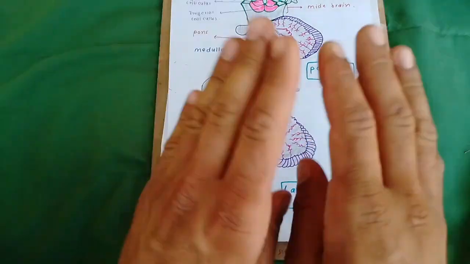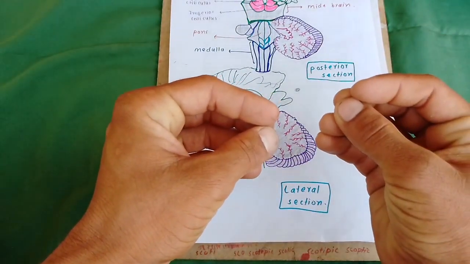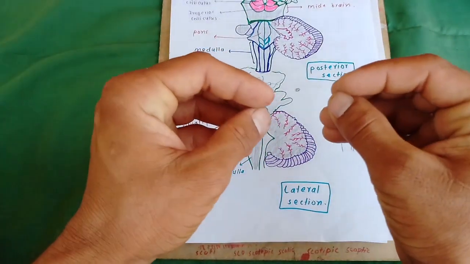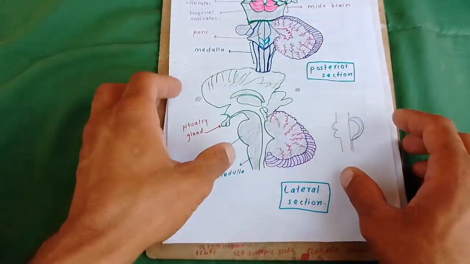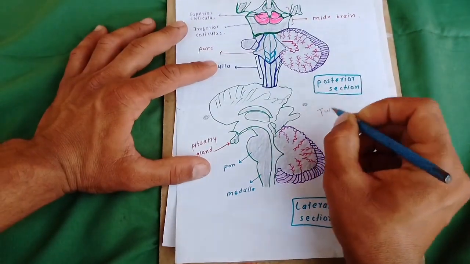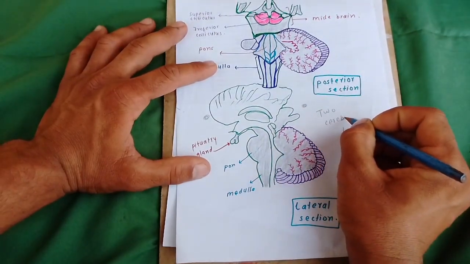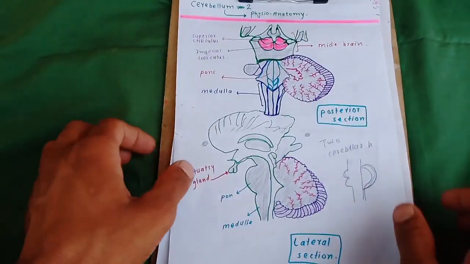The cerebellum consists of two hemispheres, just like cerebrum. Cerebrum consists of two hemispheres, and the cerebellum also contains two cerebellar hemispheres, right and left.